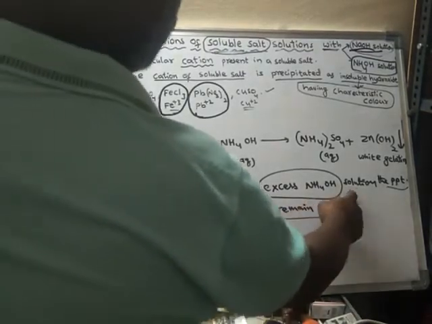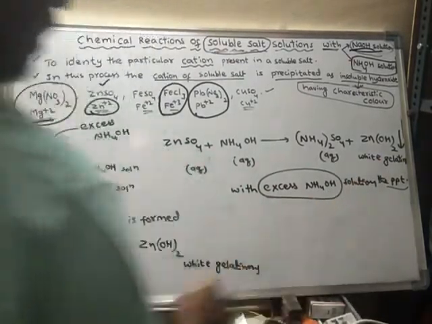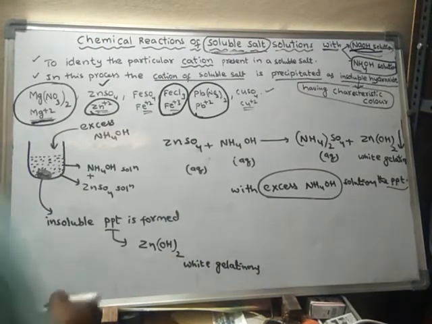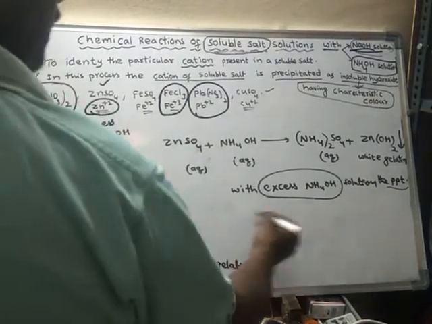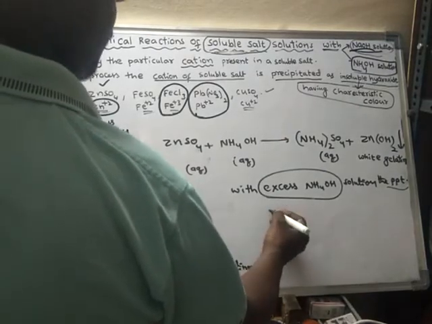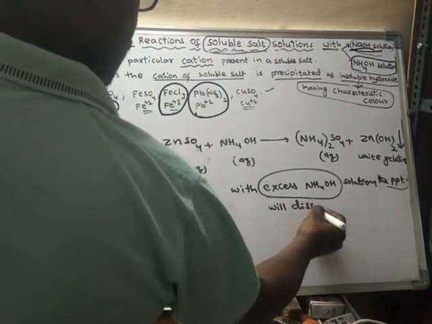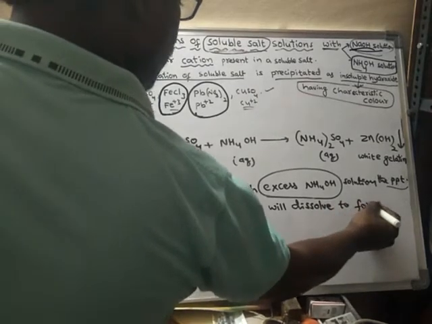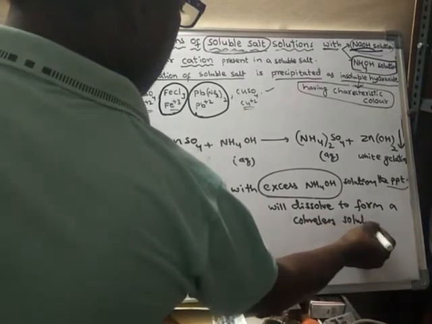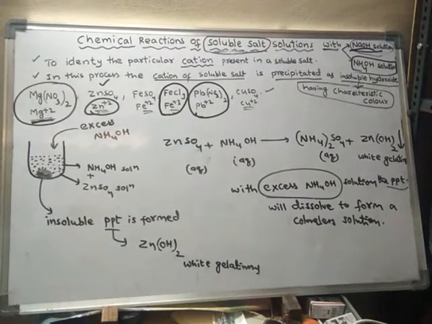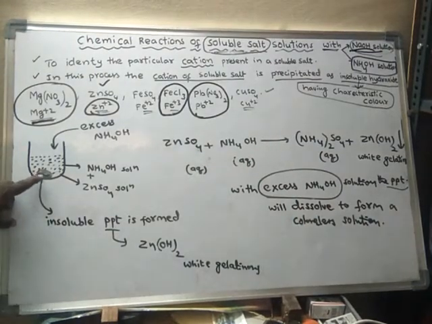With an excess amount of NaOH solution, this white gelatinous precipitate will dissolve, to form a colorless solution.